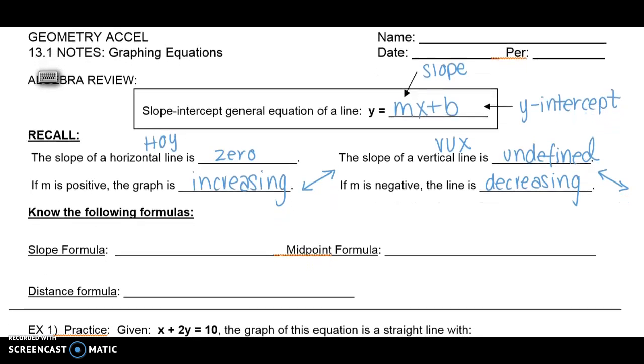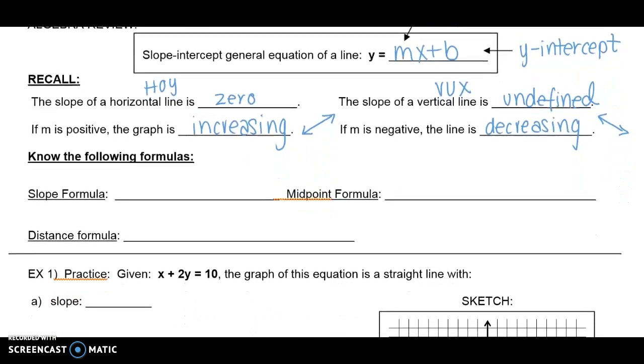Other formulas that will be super helpful to know are, yes, the slope formula, which we have recapped in the last unit: y2 minus y1 over x2 minus x1. Our midpoint formula, which is x1 plus x2 all over 2, and then y1 plus y2 all over 2.